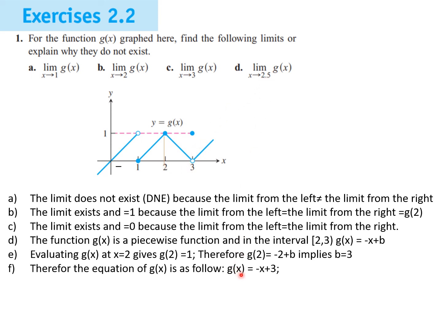So we plug in 2.5 to find g of 2.5, which equals negative 2.5 plus 3, and that's equal to 0.5. And that is the answer for this part.